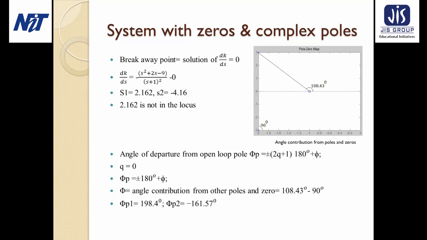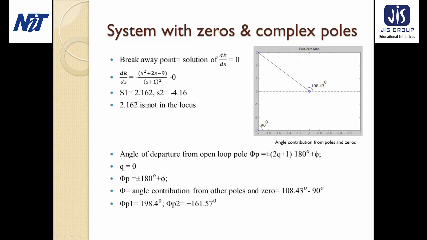So using 1 plus G(s)H(s) equal to 0, we can find out the relation of K, and after differentiating with respect to s, we are getting that dK/ds is equal to minus of s square plus 2s minus 9 by s plus 1 whole square, and setting this equal to 0, we are getting 2 points. One is 2.162 and another is minus 4.16.